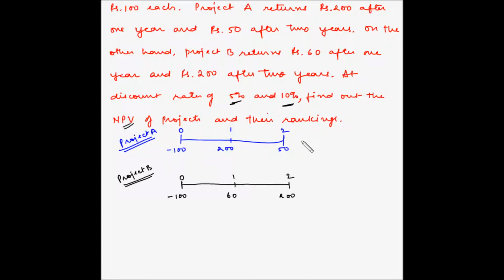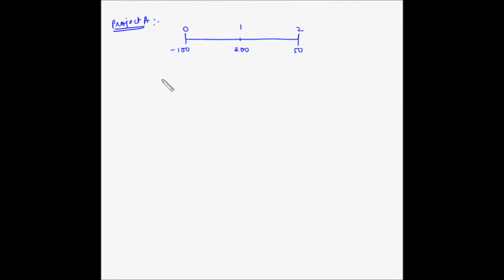So here we'll find the NPV for both the projects at 5% and then at 10% discount rates, and then we'll analyze the results. So let's first consider project A. So first we'll find out the NPV at 5% discount rate.